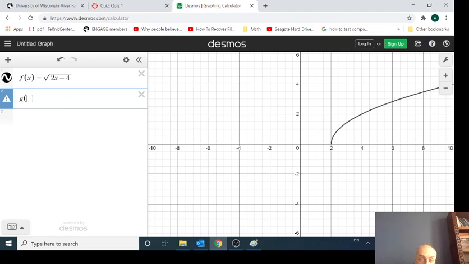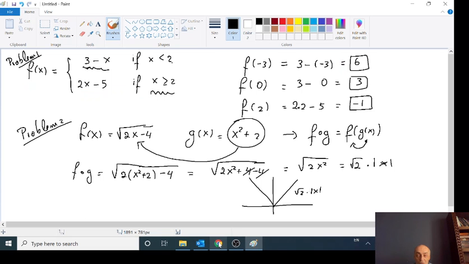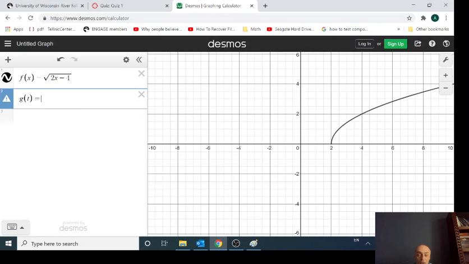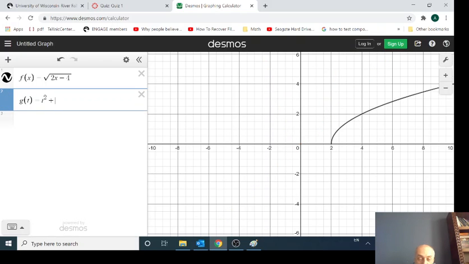Oh, it doesn't like x. So g of t, let's say, is, let's do that. The formula was x squared plus t squared plus 2, right? I'm using a different letter. I told you that this program doesn't quite like to use the same letter.